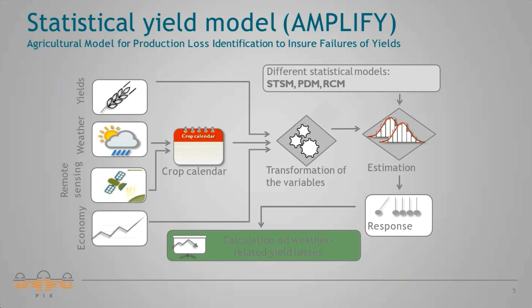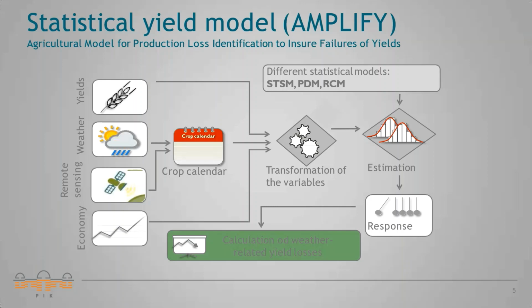So a few words, a bit technical, on the model, which we developed here at PIK, and this is called Amplify. And these kind of models use crop yield data from the past, and also for future periods.